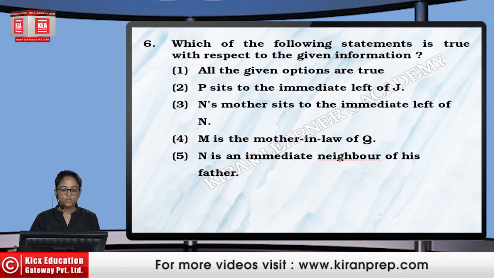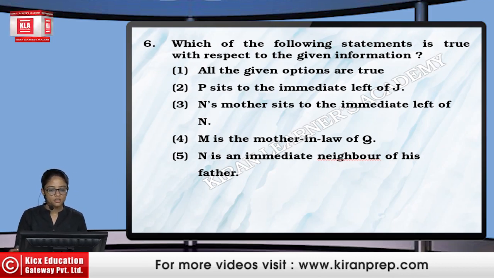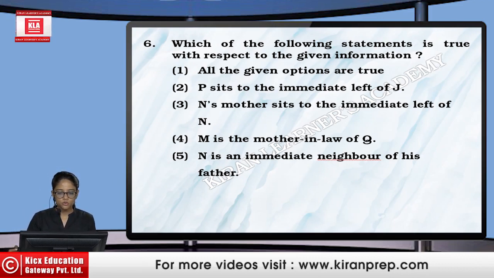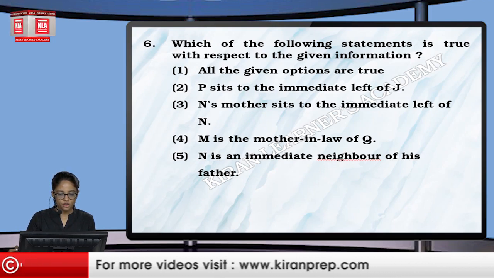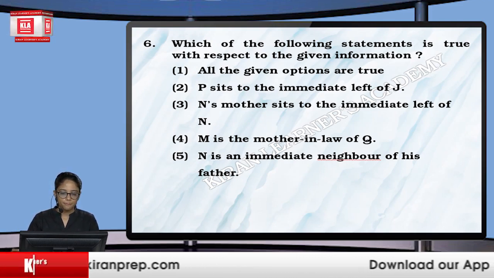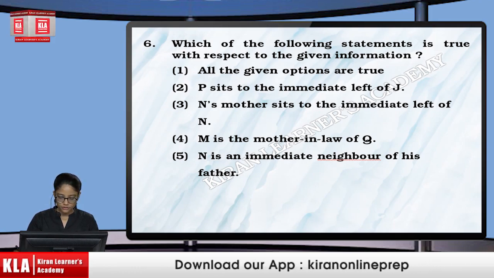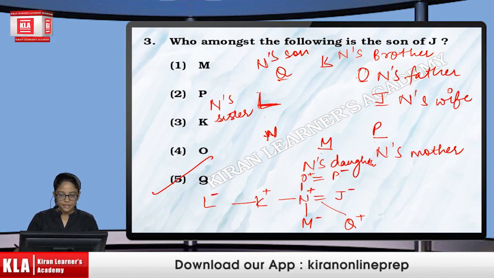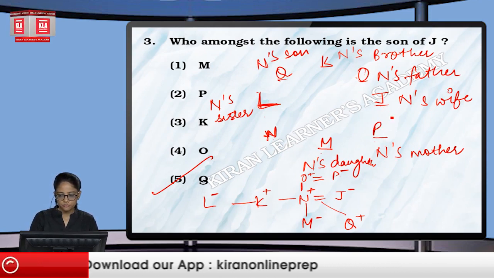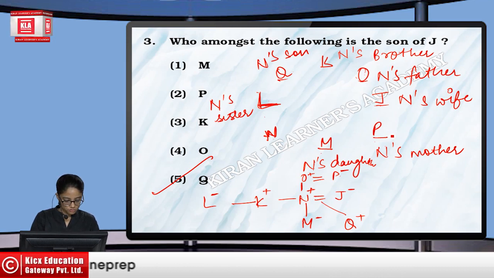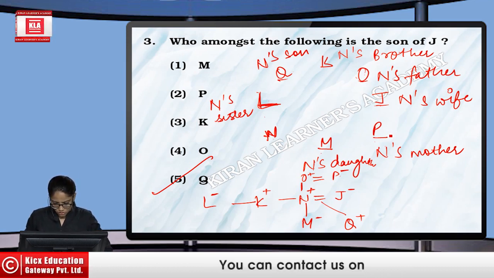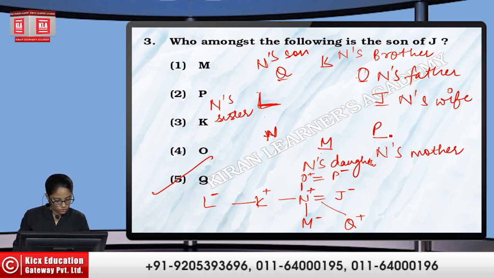Next we have which of the following statements is true with respect to the given options. If we see the diagram, P sits to the immediate left of J. P is sitting to the left of J. That is true.